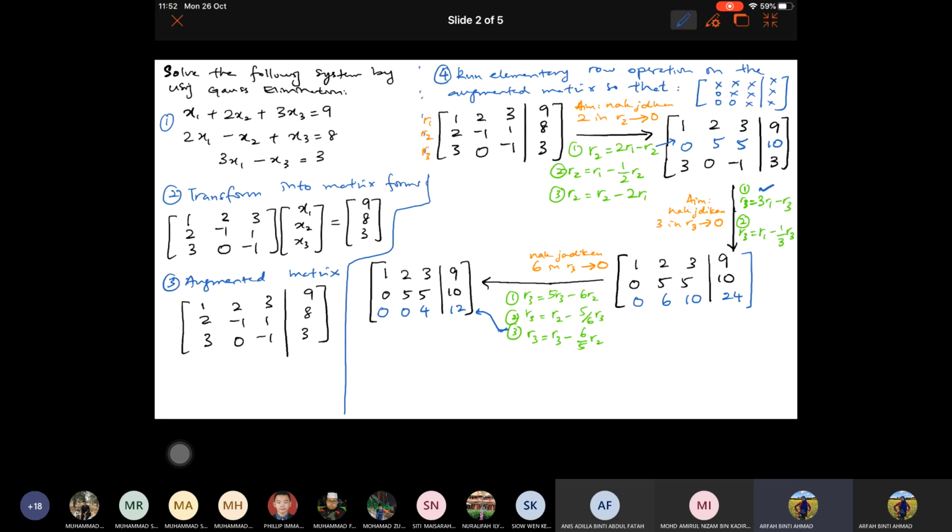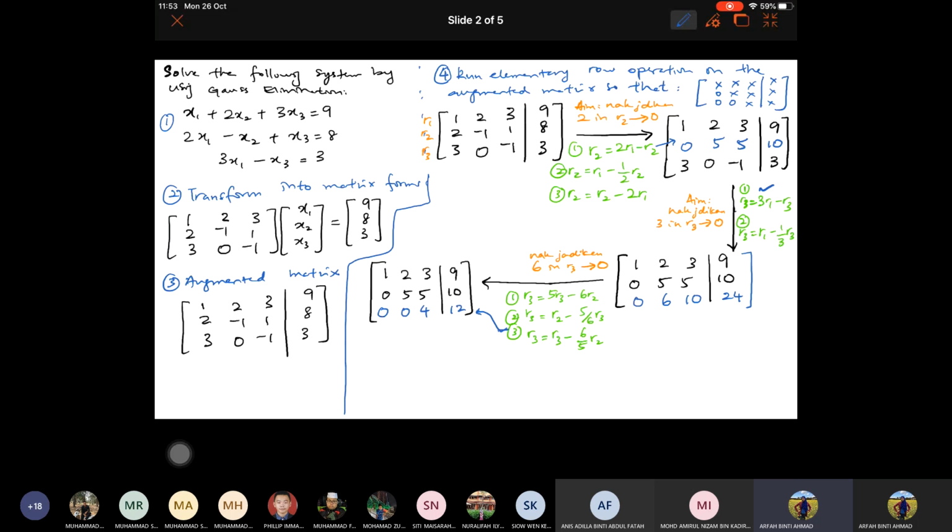If you take another operation, your matrix will be slightly different, but our aim, remember, is just to find X1, X2, X3. So it should be different. So this is the matrix that I got.